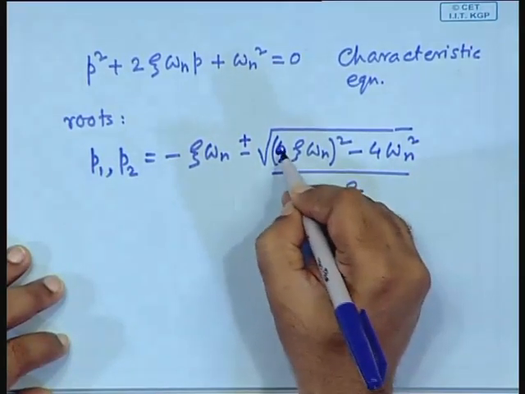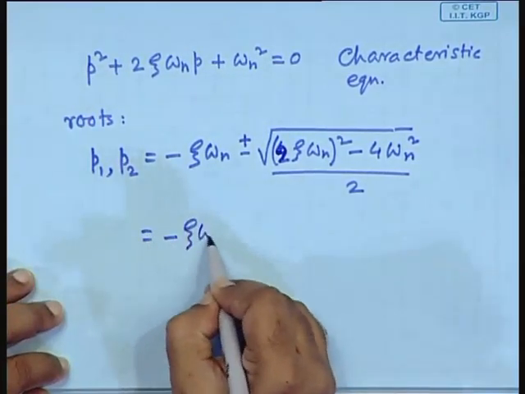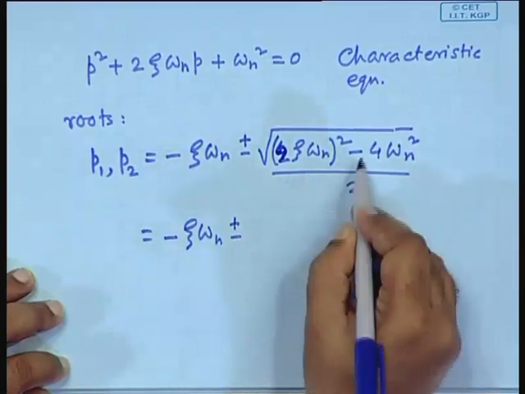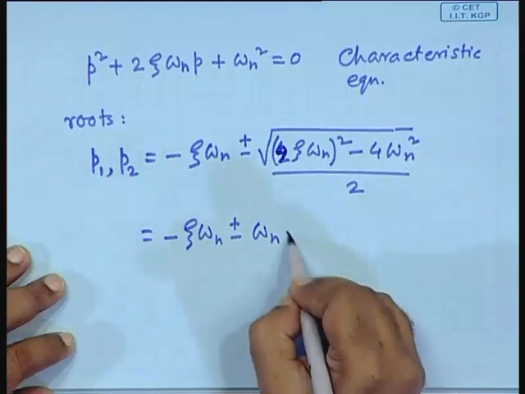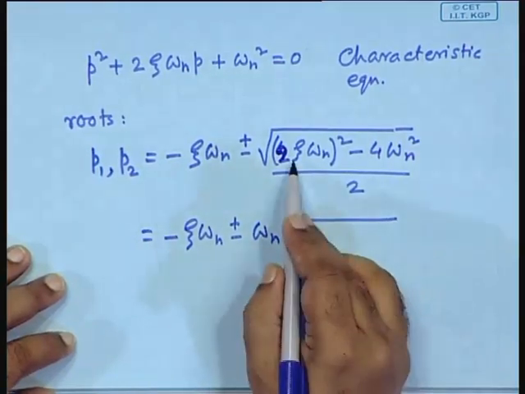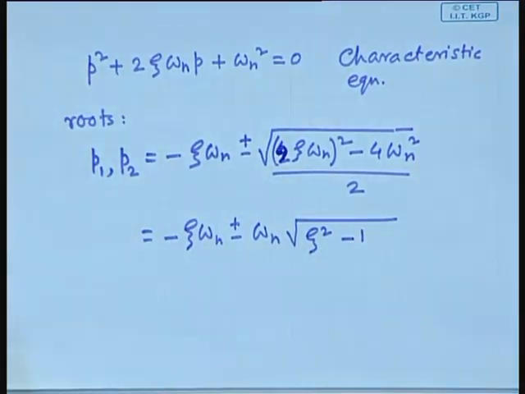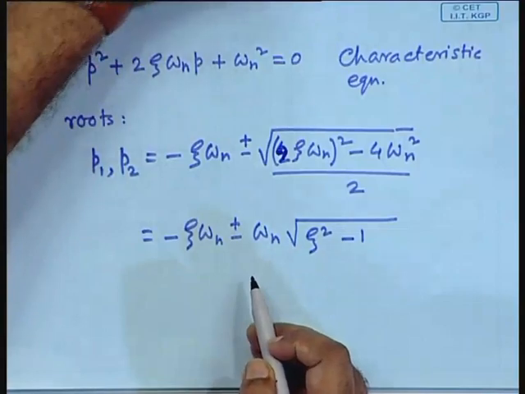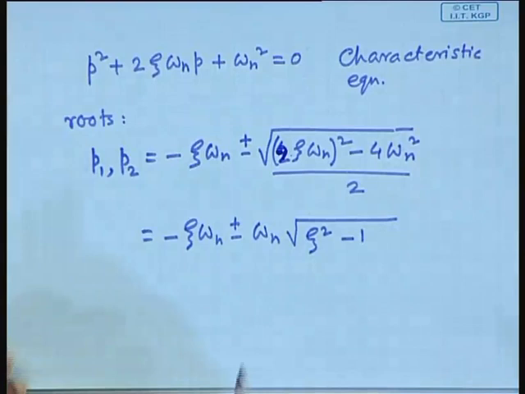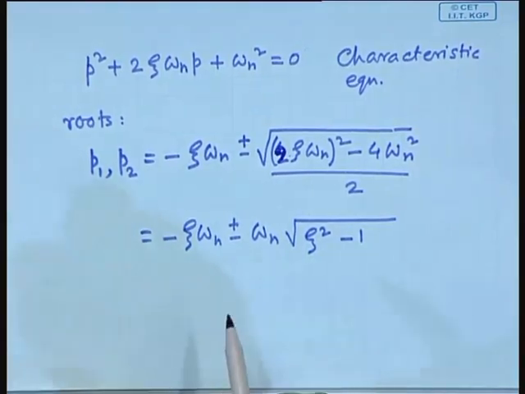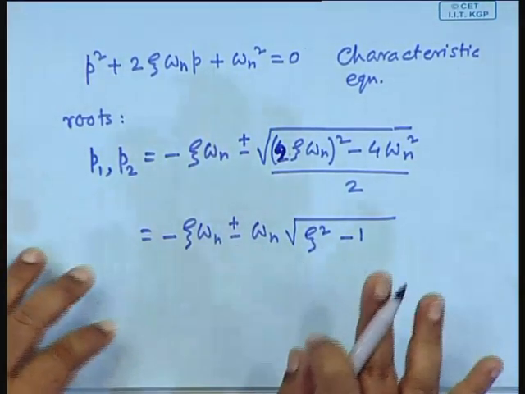Sorry, it will ultimately be 4, yes. So, this becomes minus zeta omega n plus minus, I will now cancel the 2, omega n comes to the front, omega n root over zeta square minus 1. Now, this is why we had initially expressed it in this form. Why? Because it says, okay, we'll come to that little later.